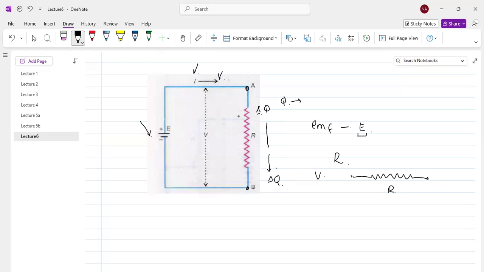When these charges flow through the resistance, they dissipate energy. What does this mean? This means the energy of the charge delta Q is utilized during the flow of this charge through the resistor.